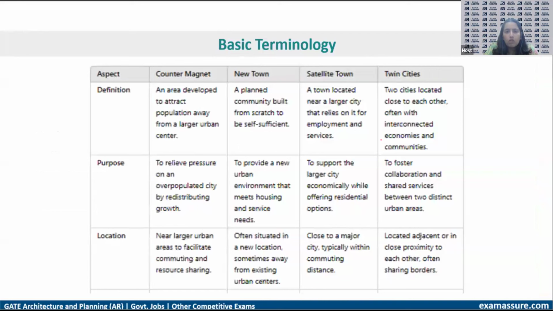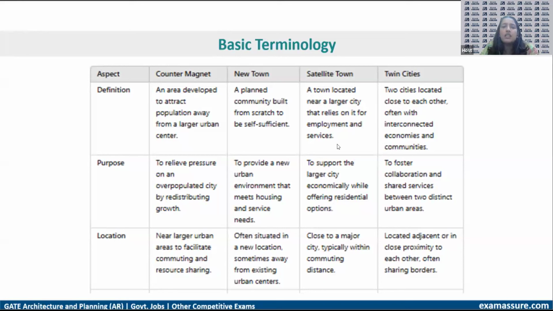Now, I'm sure a lot of you are wondering what the difference is between all these three, four. So, counter magnets are primarily planned to attract population from another place. New towns are completely built for being self-sufficient. Satellite towns are more for interdependency, so counter magnets will not necessarily have interdependency.